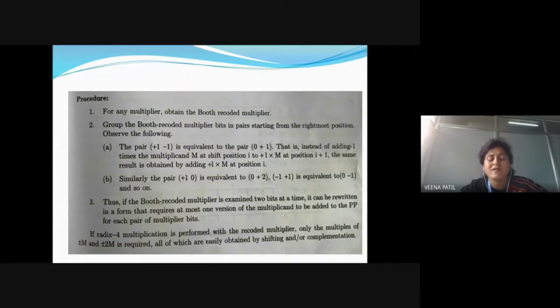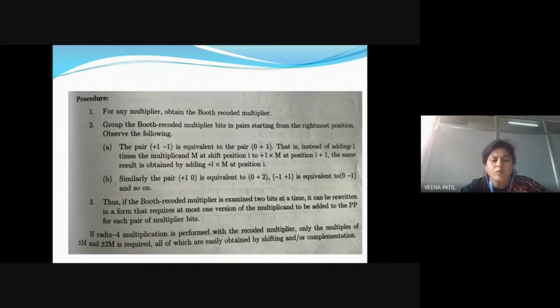Now I'll tell you what it means. First, let us read the procedure. Similarly, the pair +1 0 is equivalent to 0 +2, and the pair -1 +1 is equivalent to 0 -1, and so on.